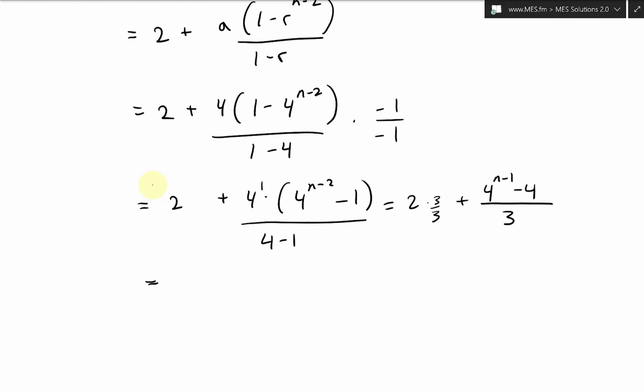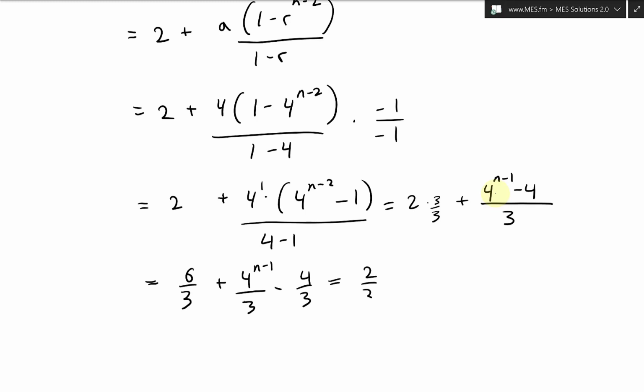The solutions method doesn't actually combine them all together, it just puts it as 6 over 3 like that, and then separates this one here. I'll just separate those: 4 to the n minus 1 over 3 minus 4 over 3. So this equals 2. 6 minus 4 is 2.